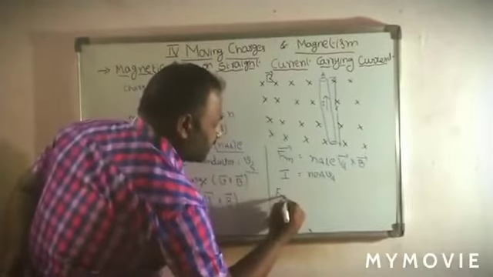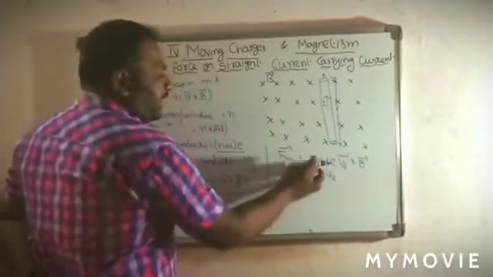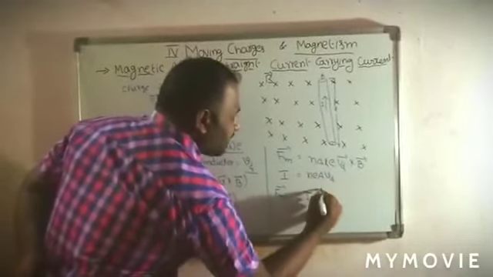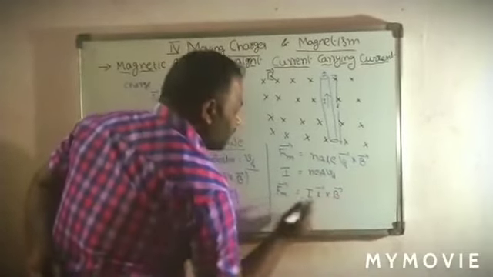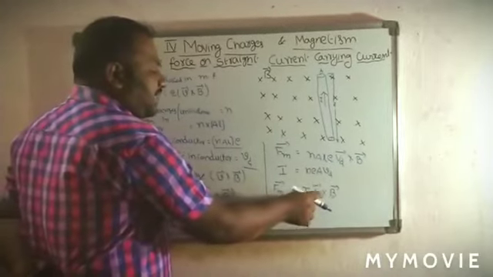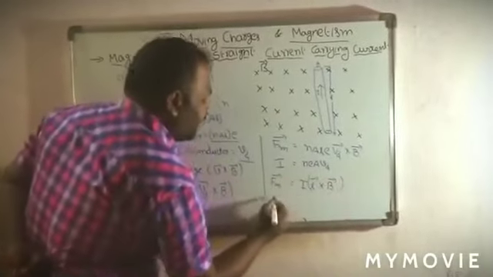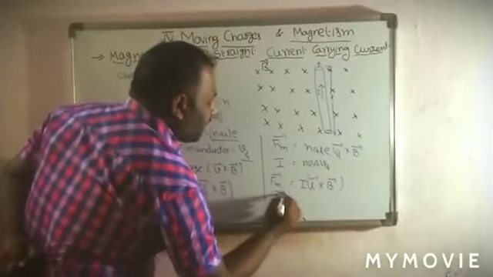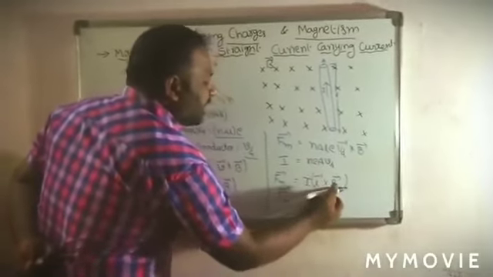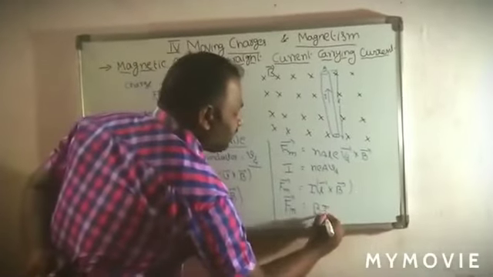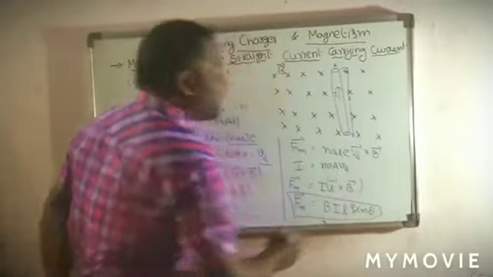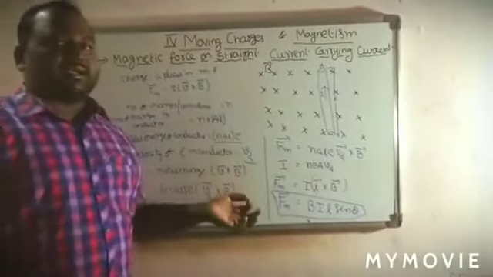By substituting, Fm bar is equal to n A e Vd replaced with I, and L is also a vector, cross B bar. So the force acting on a current carrying conductor is I L bar cross B bar, which is B I L sin theta. So the final expression is B I L sin theta, the magnetic force acting on a current carrying conductor.